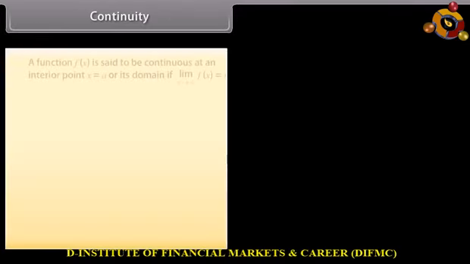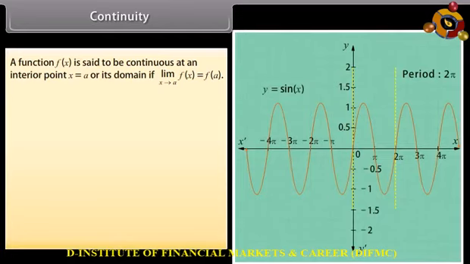Continuity. A function f(x) is said to be continuous at an interior point x = a of its domain if limit x tends to a, f(x) is equal to f(a).